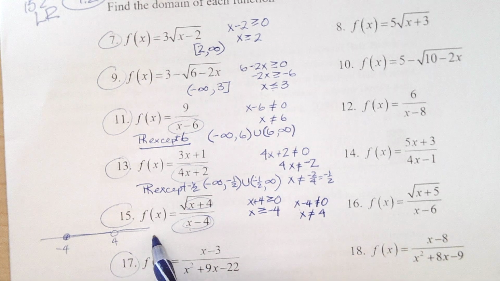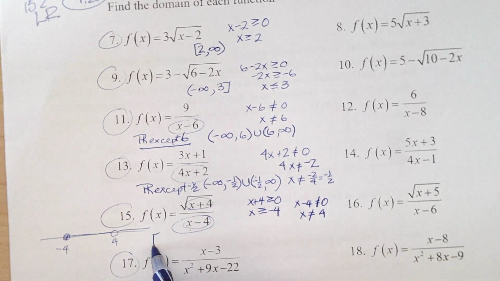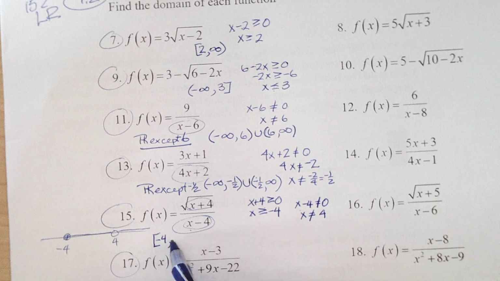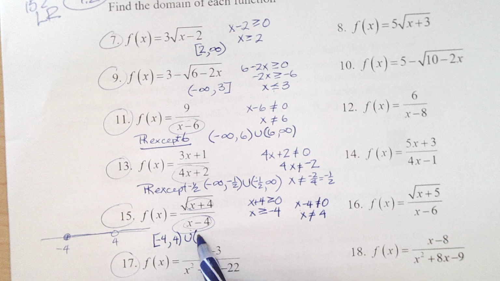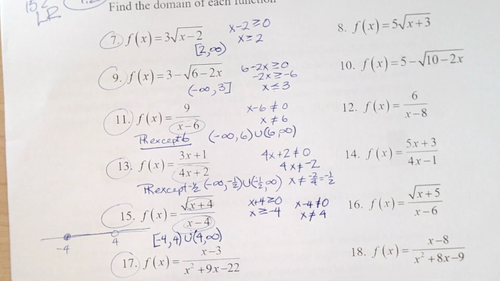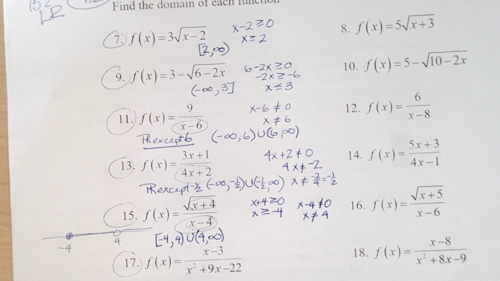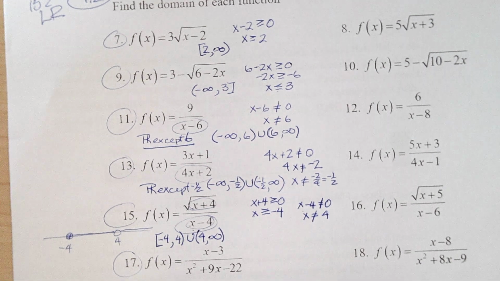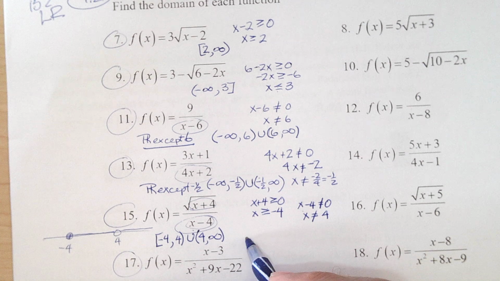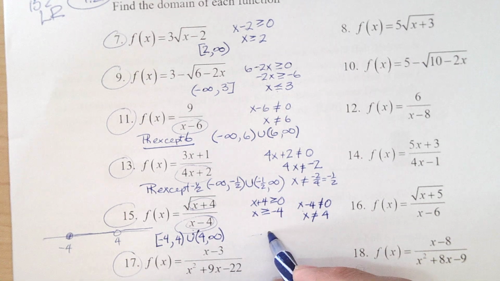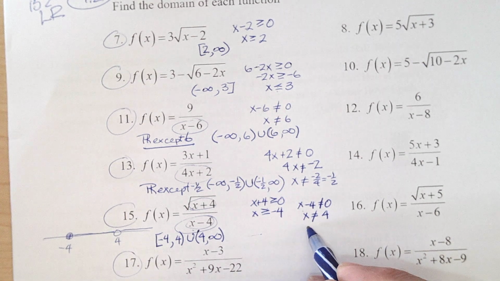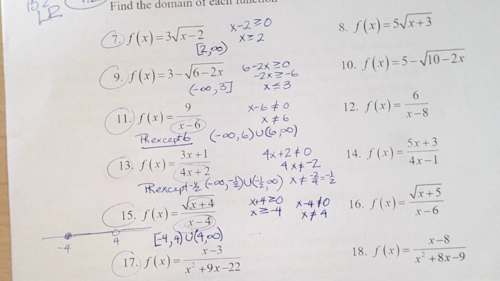So in interval notation, we'd say from negative 4 up to 4, union from 4 to infinity. You could say all reals greater than or equal to -4 except for 4. You could write it out in words.